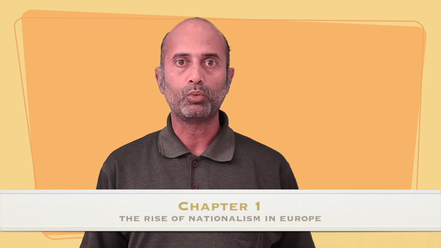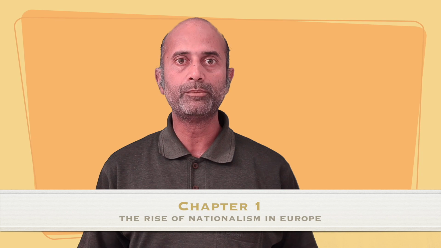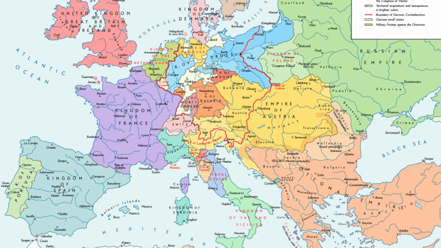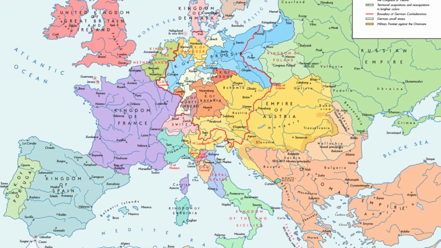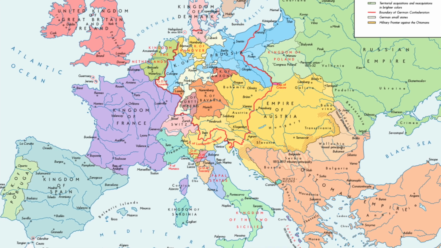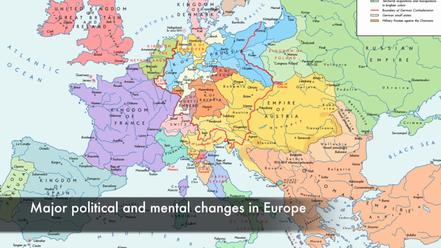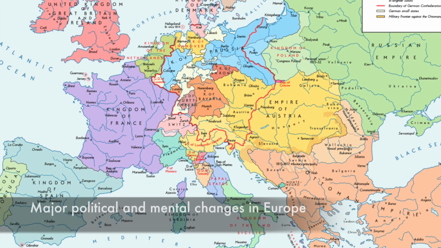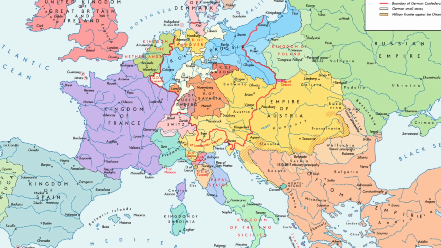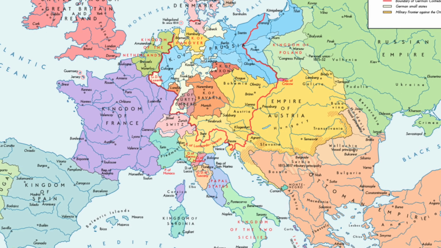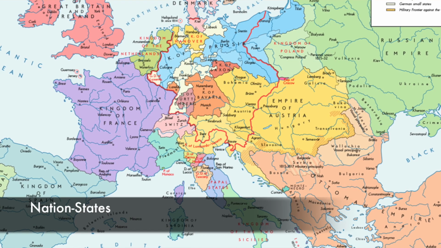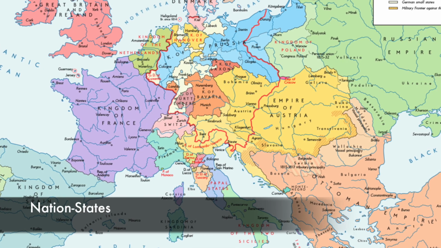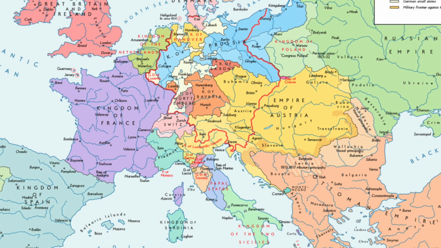Now we'll study chapter 1, the rise of nationalism in Europe. During the 19th century, nationalism emerged as a force which brought major political and mental changes in the world of Europe. The end result of these changes was the emergence of various nation states in place of the dynastic empires of Europe.